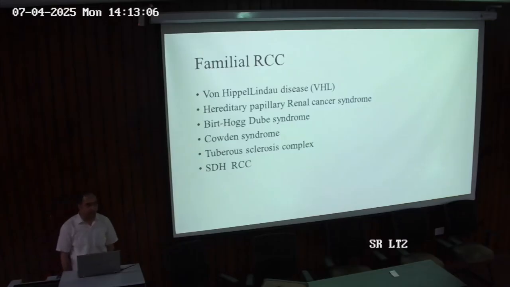The other topic is familial RCC. Familial RCC syndromes are VHL syndrome, hereditary papillary renal cell carcinoma, Birt-Hogg-Dubé syndrome, Cowden syndrome, tuberous sclerosis complex, and SDH. So what is Cowden syndrome?